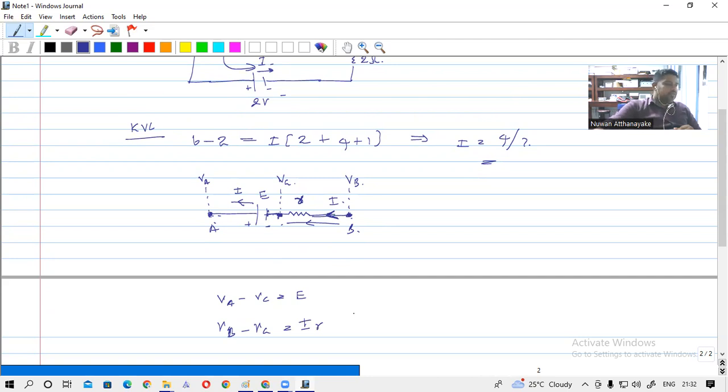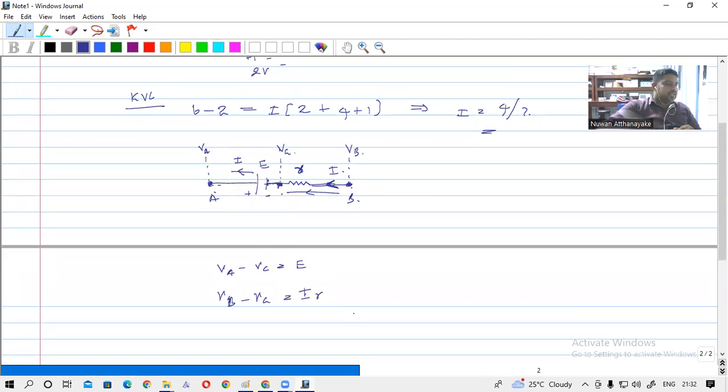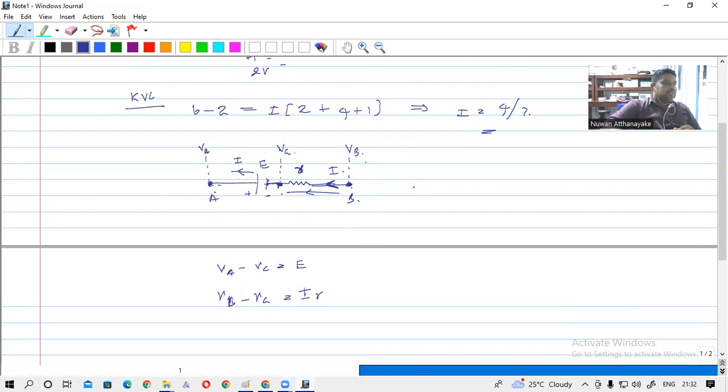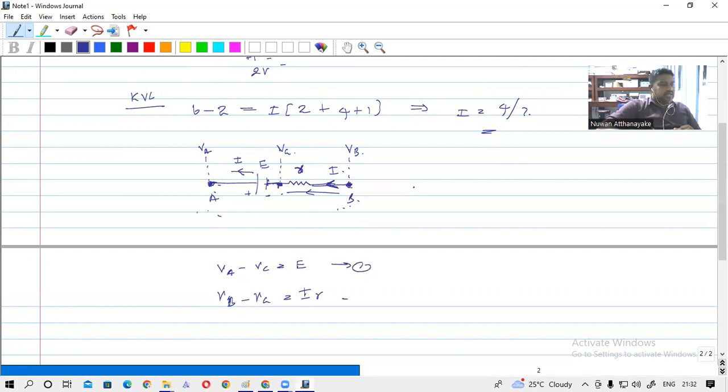Actually, we mistook this direction at the interaction session. If you want to find the voltage between the battery terminals, that will be VA minus VB, the voltage between A and B. To find that, let's say this is 1 and this is 2.